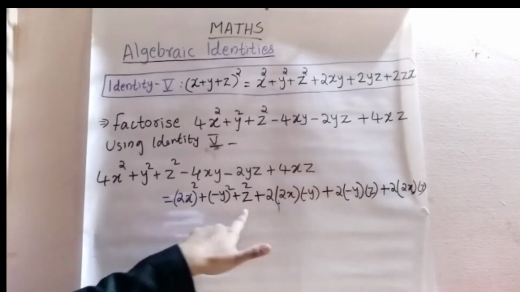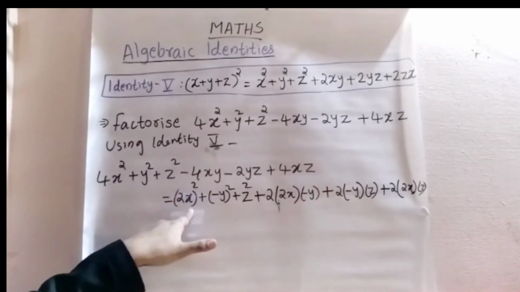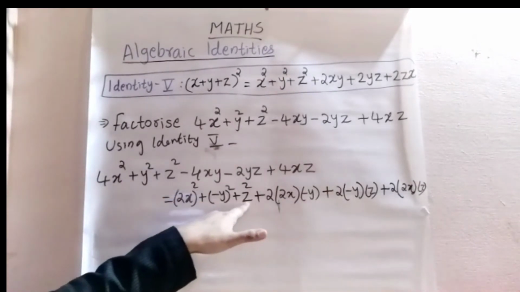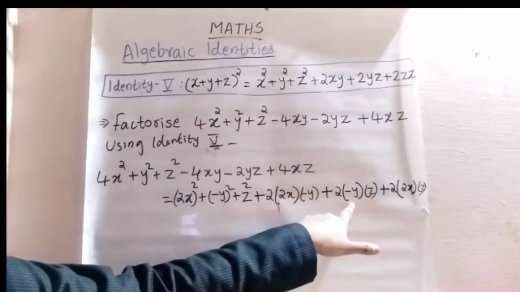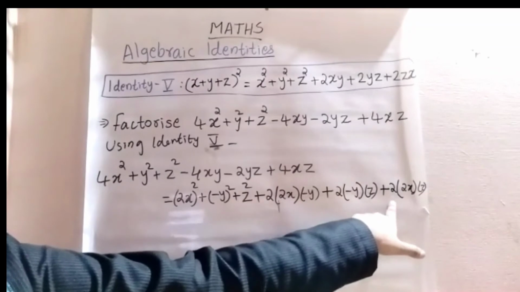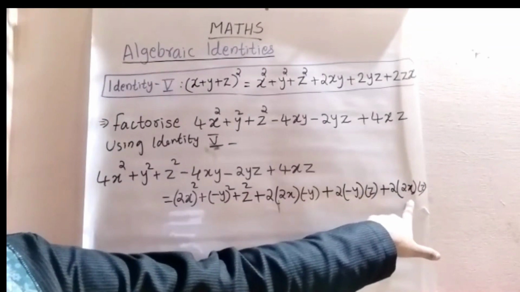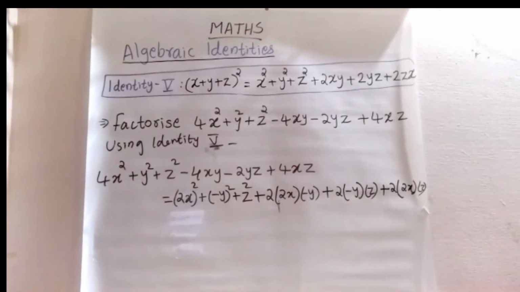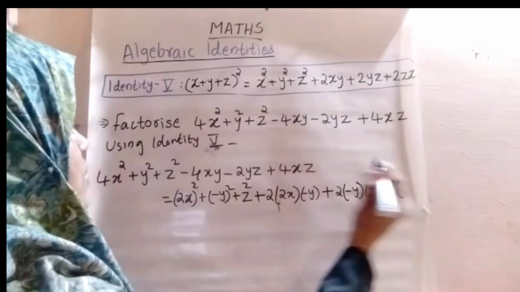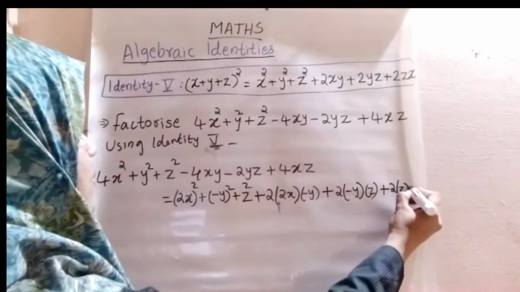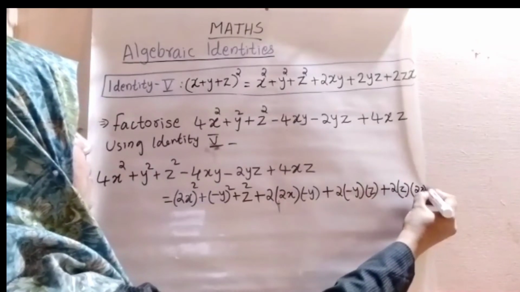See, just look here: x square plus y square plus z square plus 2xy plus 2yz plus 2zx. First z, then x, 2zx.